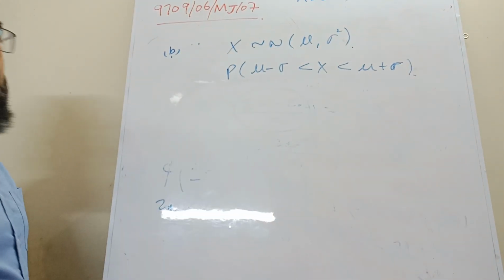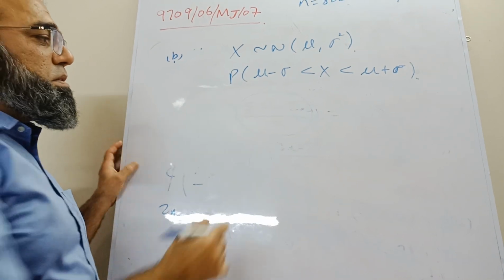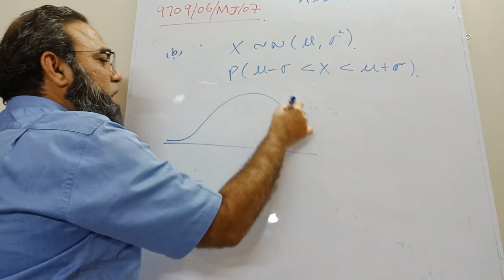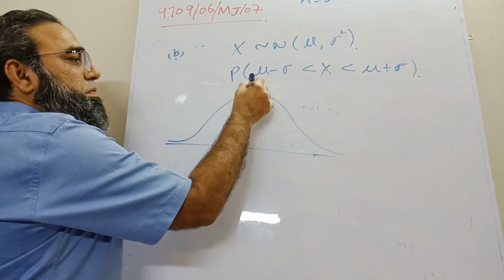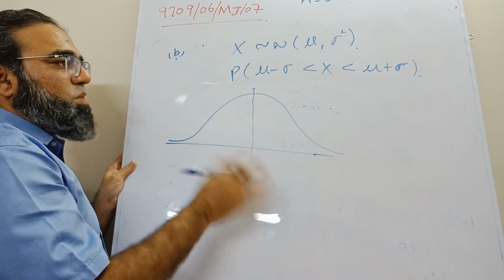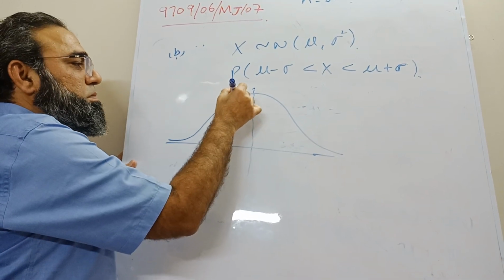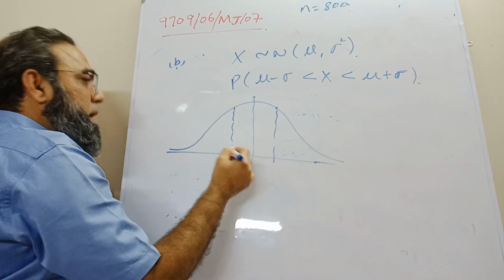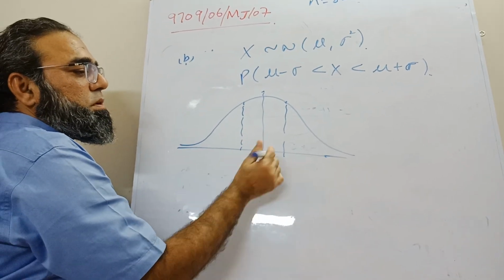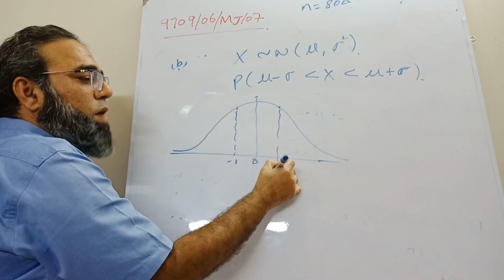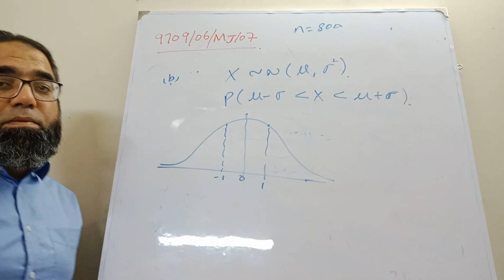If you remember, when we started this chapter, I gave you the properties of a typical normal distribution. The good students did remember that in a normal distribution, 2/3 of the data lies within one standard deviation from the mean.